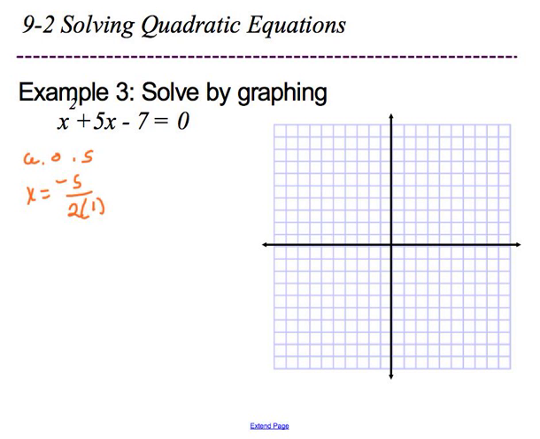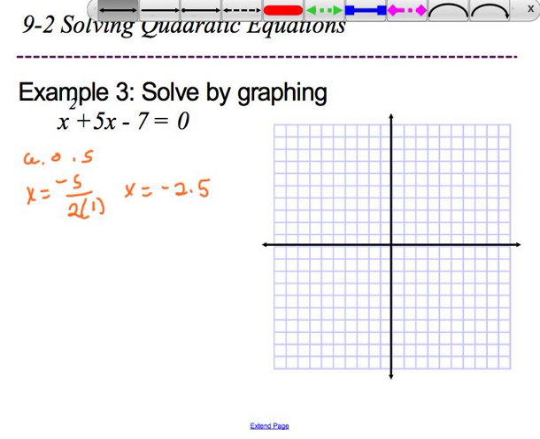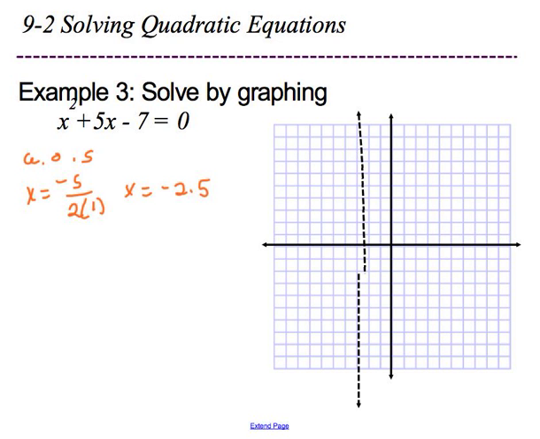So x equals -2.5. We haven't had an axis of symmetry that has been anything but whole numbers, but we can still do this, no big deal. So I'm going to put in an axis of symmetry at -2.5.